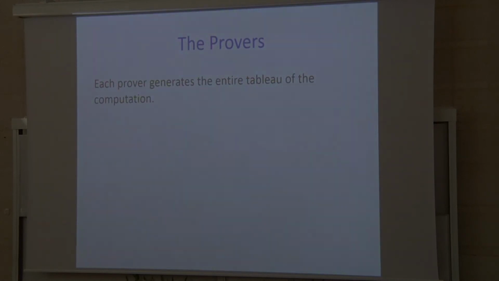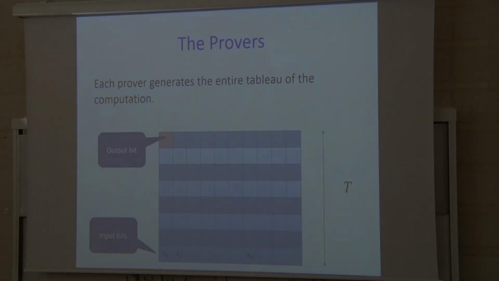Each one of the provers, first of all, generates the entire tableau of the computation. What do I mean by that? We have this table. Its depth is t, and its width is S. You can think of every layer as being the entire state of the Turing machine, the entire storage tape and configuration, exactly, of the Turing machine.